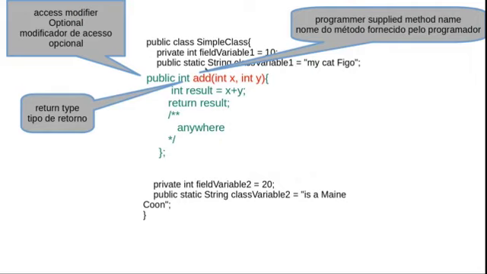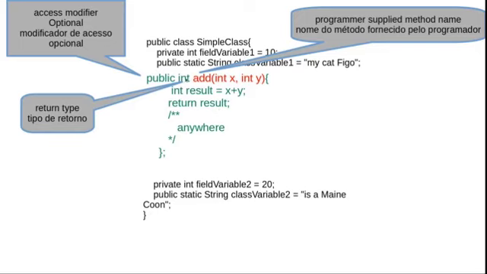And you have to give a name to your method. I'm calling it add, because I'm taking two values that I'm passing in, an x and a y integer, and then I'm adding them together, assigning it to an int result, because it's an int I'm passing there. I'm returning the result, and you see it's an int.